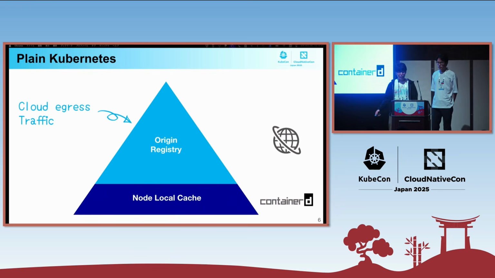Currently, when we talk about image caching in a Kubernetes cluster, we typically have 2 main locations, as this diagram shows. First, there's a node-local cache on each worker node. And second, there's the origin registry, which is the original source of the container images. The important point is that accessing this origin registry usually means going over the network to an external location, resulting in cloud egress traffic.